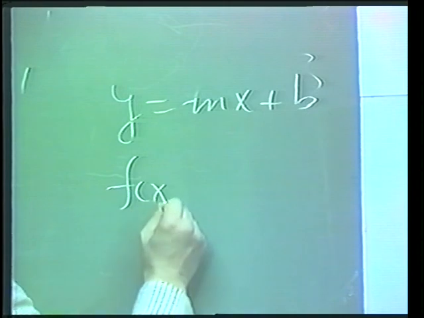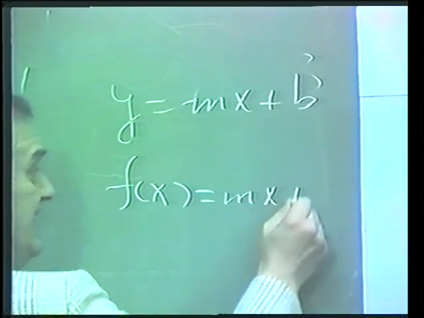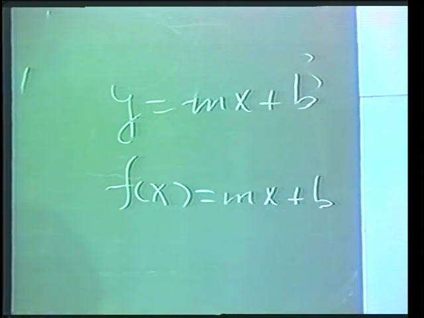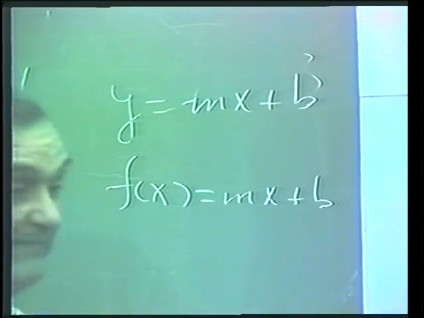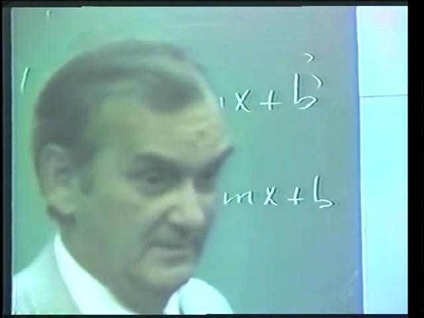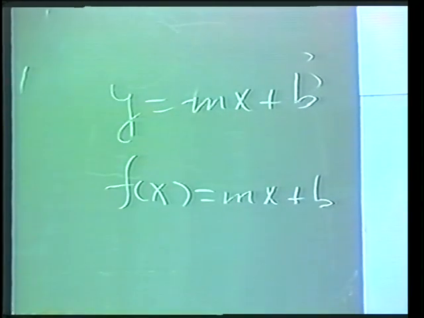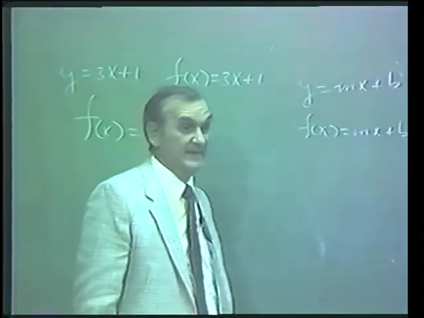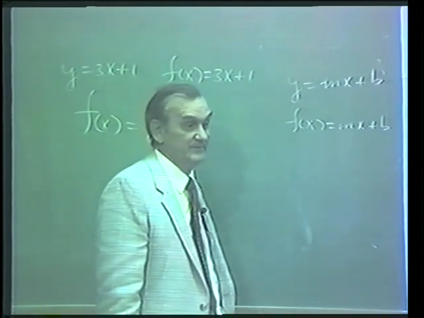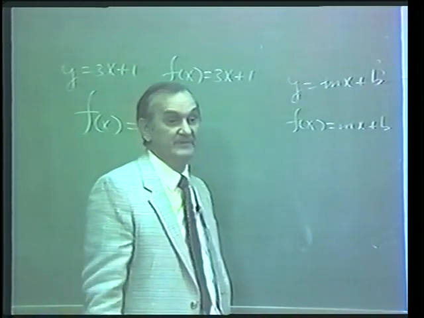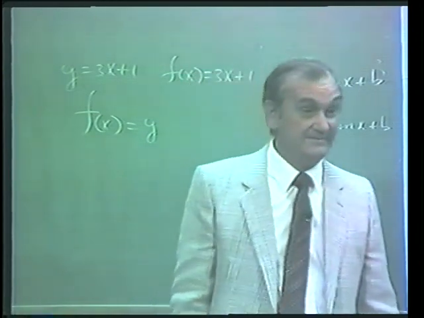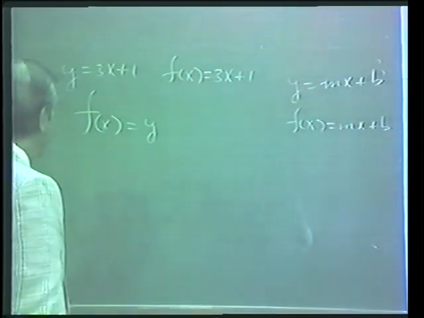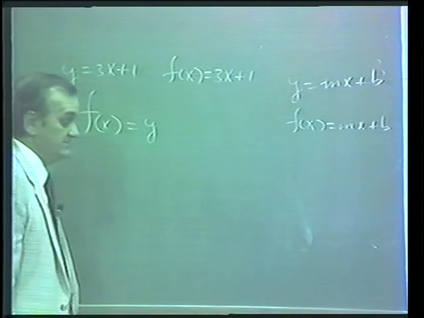So in the future you're going to have it in functional form. That's why I said this way is so important. Another name for slope-intercept form is functional form for a line. They are exactly the same. Y equals mx plus b, but y is another name for f of x. So we have f of x equal mx plus b. Every place we have a y, we're going to replace it by f of x. And if we have it solved for y, we have it in functional form.